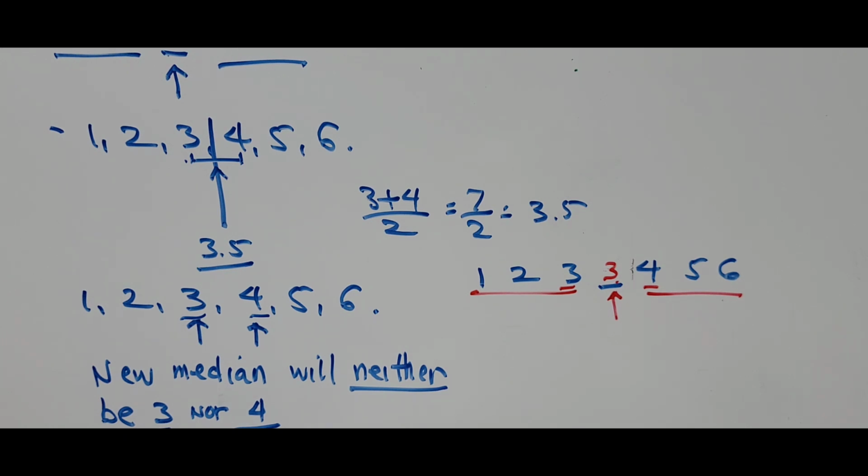This simply means x is in the middle, with 3 and 4 on the left side and the right side of x. That means x should be greater than 3 and x should be smaller than 4.